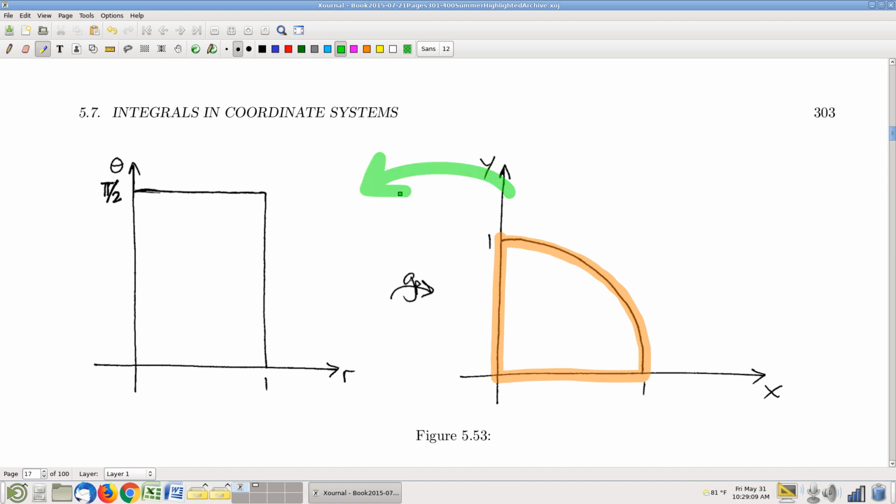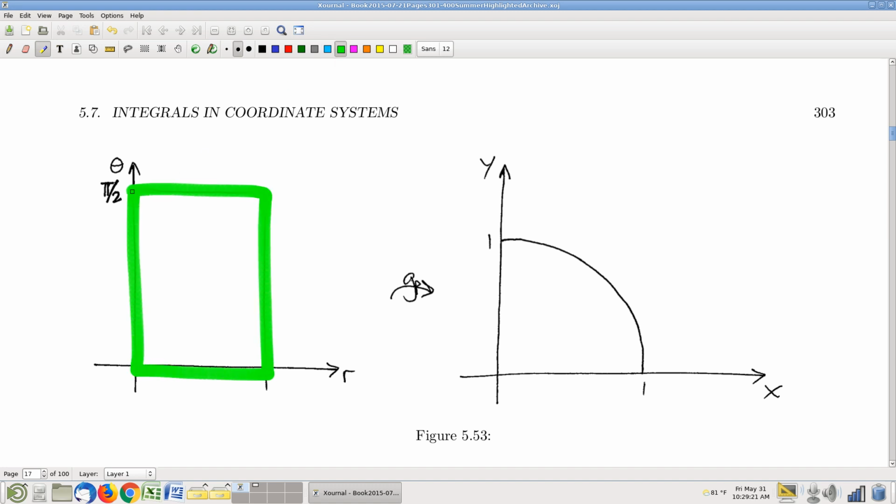We're going to try the polar coordinates conversion formulas as a change of variables function. I claim that we get this rectangle. And real quick pause before I justify that. Isn't that nice? Rectangles are awesome. The bounds are constants. Sweet.